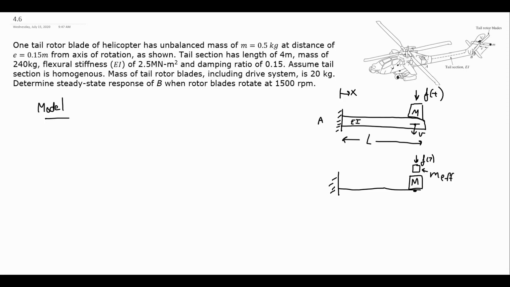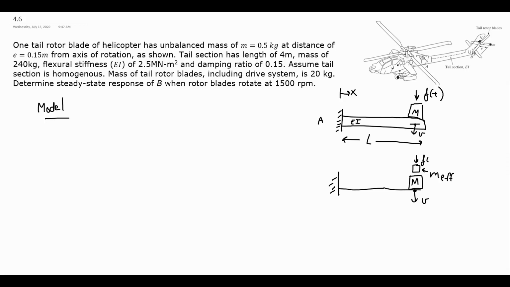Now I'm tracking this V the whole time. So I've taken the mass out of the beam. It will still have rigidity, which I'll go one more step and model. But I'm putting the effective mass, accounting for the mass and the weight of the beam itself, the kinetic energy of the beam, into this M effective.